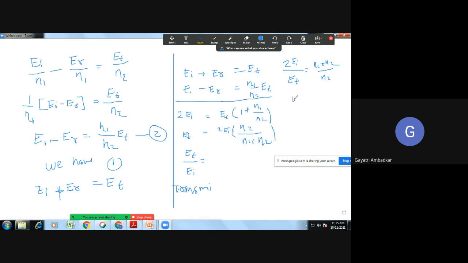Reverse the ratio. It will be Et upon 2 Ei equal to eta 2 by eta 1 plus eta 2. So transmitted E field upon incident E field is equal to 2 eta 2 upon eta 1 plus eta 2.